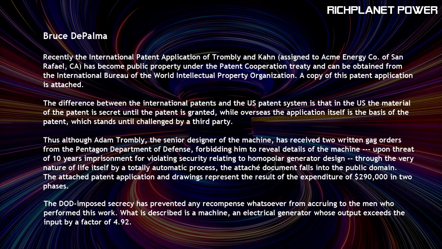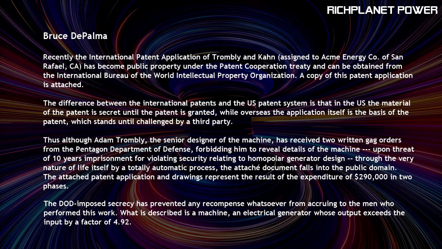Thus, although Adam Trombley, the senior designer of the machine, has received 2 written gag orders from the Pentagon Department of Defense forbidding him to reveal details of the machine upon threat of 10 years imprisonment for violating security relating to homopolar generator design, through the very nature of life itself, by a totally automatic process, the attached document falls into the public domain.